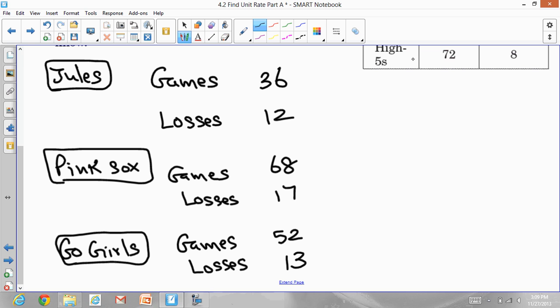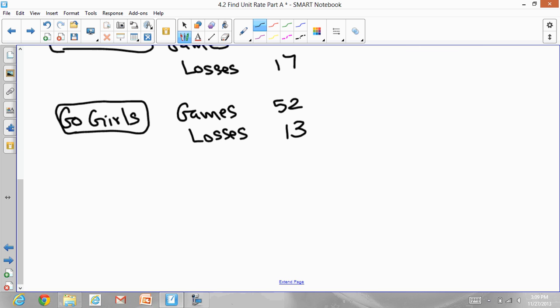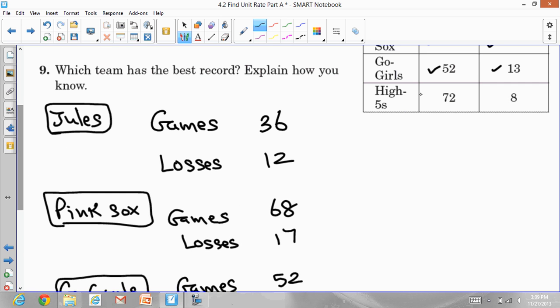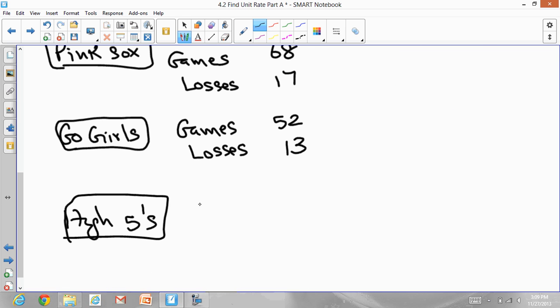Now let's take care of the last one, which is High Fives. Make sure that you are writing all of these in your notebook. You won't have enough space in your handout. So the games played is 72, the losses they had is 8.